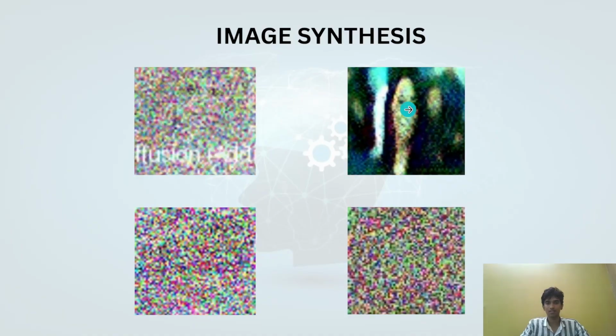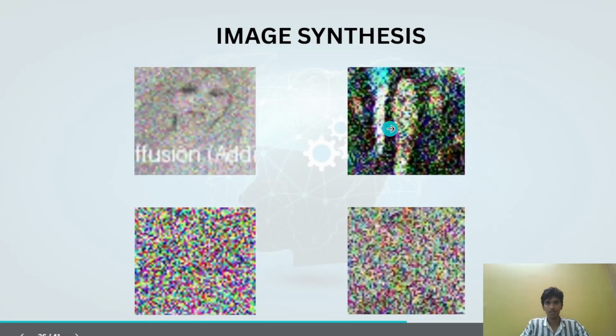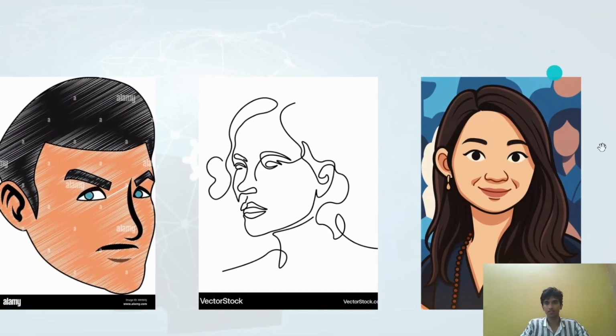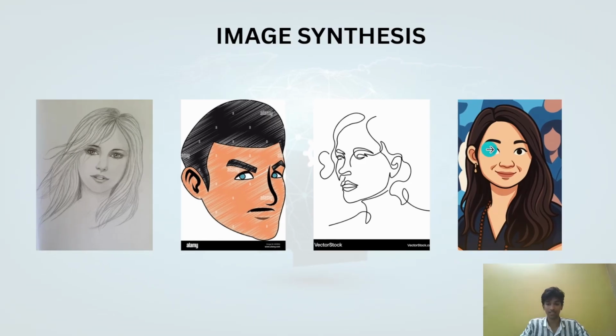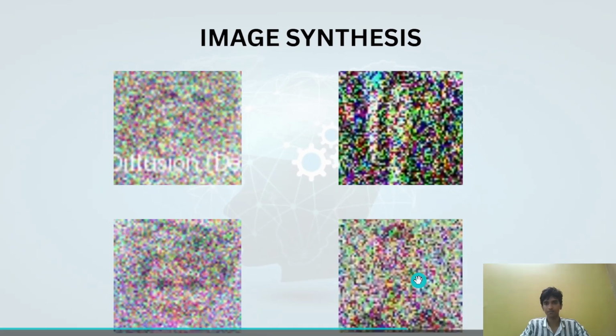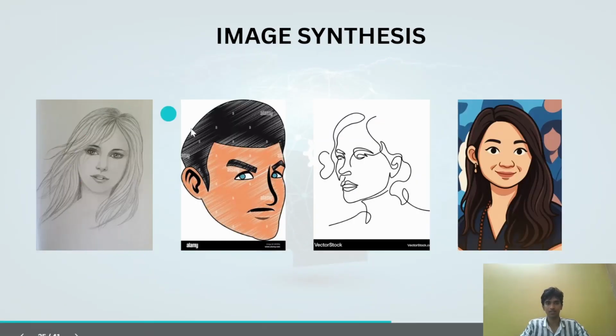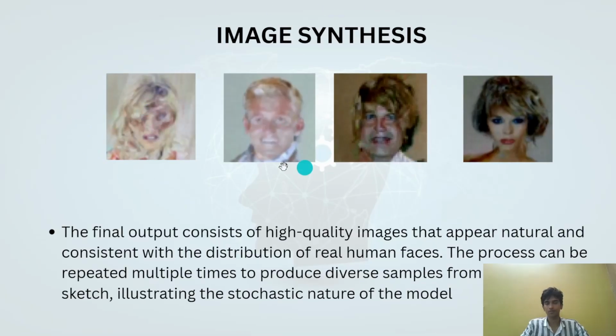As you can see clearly, it's very close to a human face, and this is the image I obtained from giving the model this image as a reference sketch. As you can see, it's also very close to a human face. And then this is the one I got from using this sketch. These four are images I got from using other sketches.